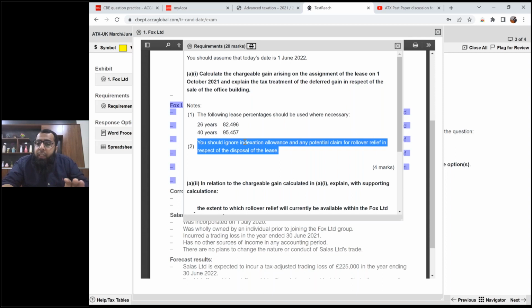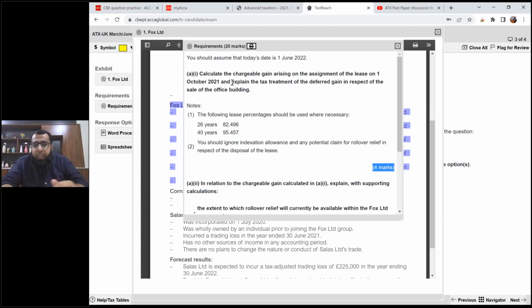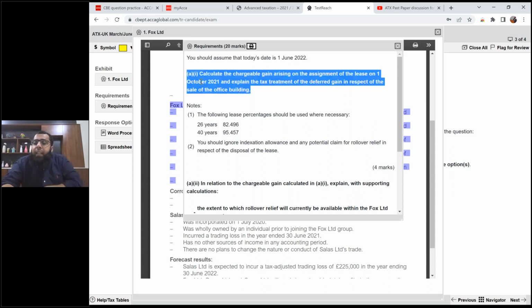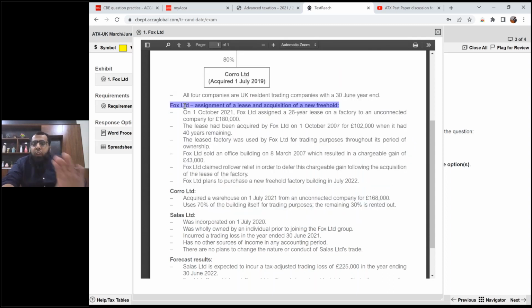You should ignore the indexation allowance and any potential claim for rollover relief in respect of the disposal of the lease. How many marks? 4 marks. Okay, so this part A1 is relating to the lease only, so I can solve it from this information.